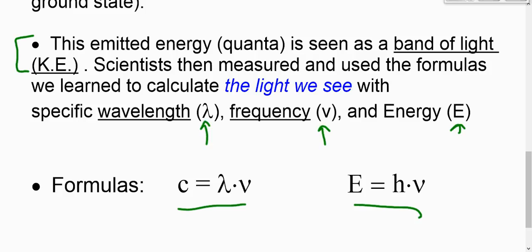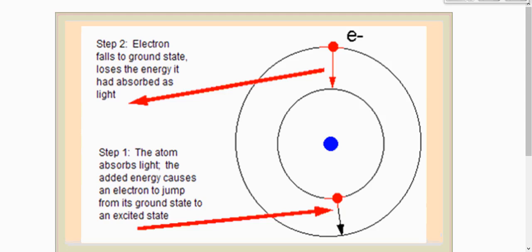So every single color of light has these, and beyond the visible spectrum that we can see, like we've talked about, any kind of light, whether that's microwaves or visible light or ultraviolet rays, has its own unique wavelength, frequency, and energy.